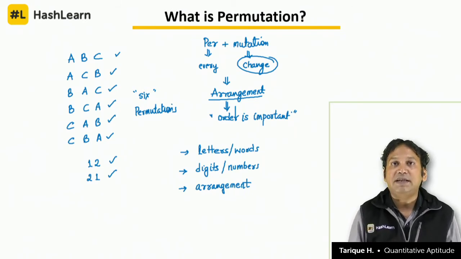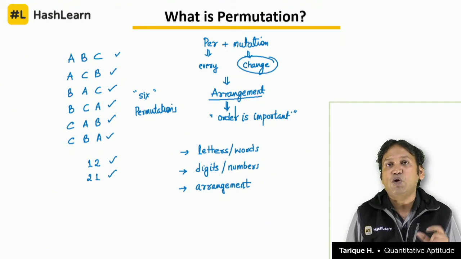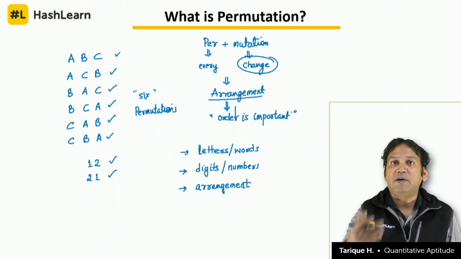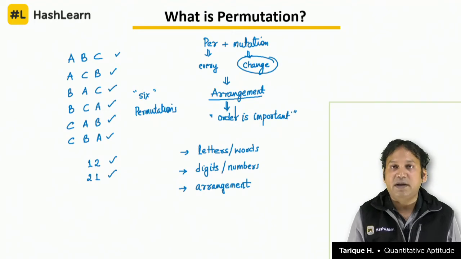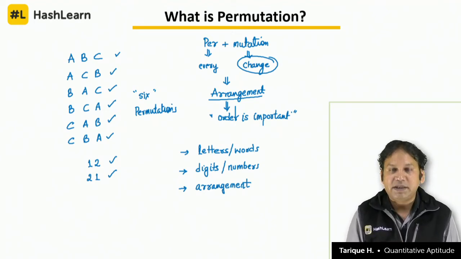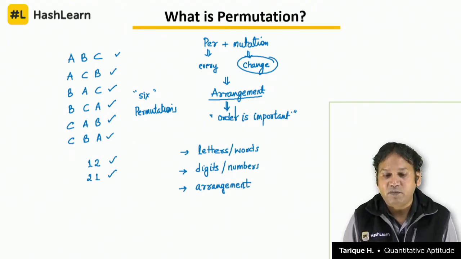So permutation deals with arrangement, and in arrangement order is important. Every new way in which something can be arranged becomes a permutation. The total number of permutations is the total number of ways something can be arranged. Clear? So we have understood the basic concept of permutation. Later on we will see the formulas that help you solve questions on permutation.